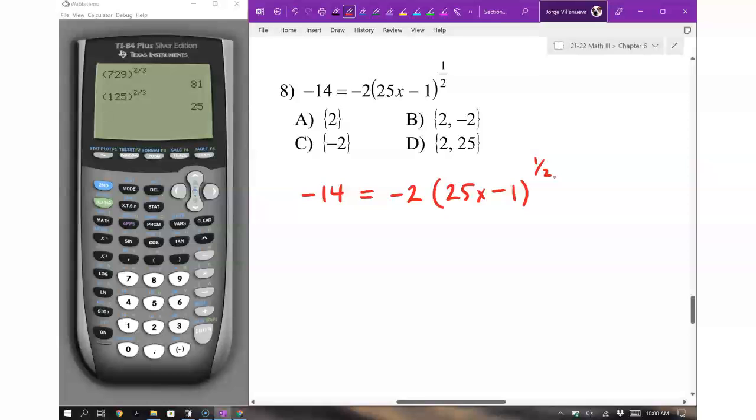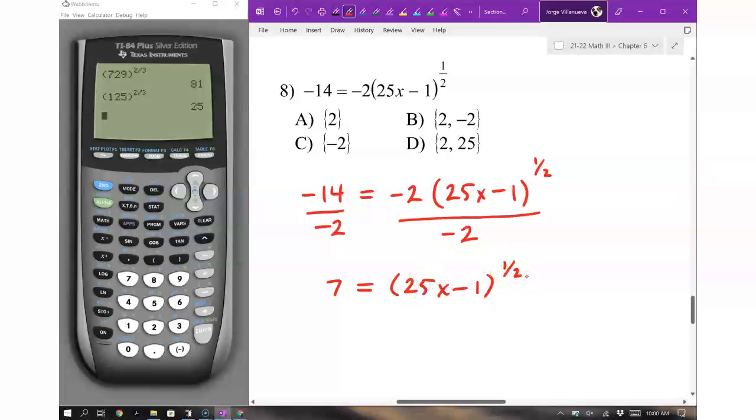But right outside of it, there's a -2 that's multiplying. I got to get rid of that, right? How do I get rid of that -2 that's multiplying? All right, so let's divide by -2 on both sides. That's going to give me 7 equal to (25x minus 1) to the 1/2.